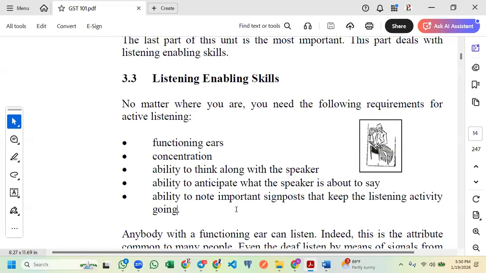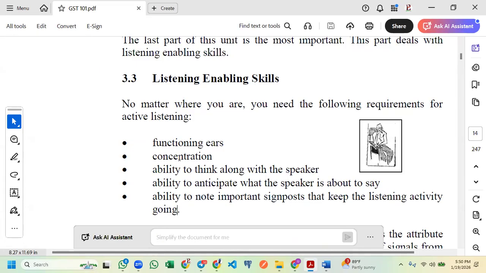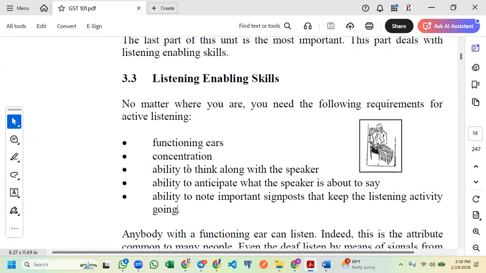So now, the C represents concentration. The third one is ability to think along with the speaker. So, as the speaker is maybe teaching you how to make something you don't know before, probably how to make soap, liquid soap or so, your mind is following.